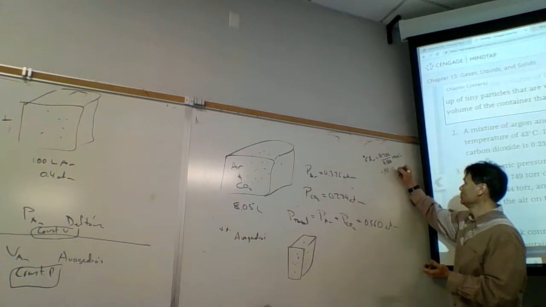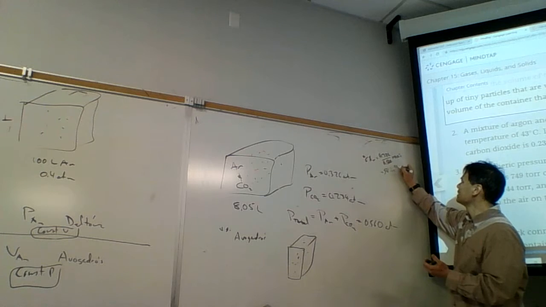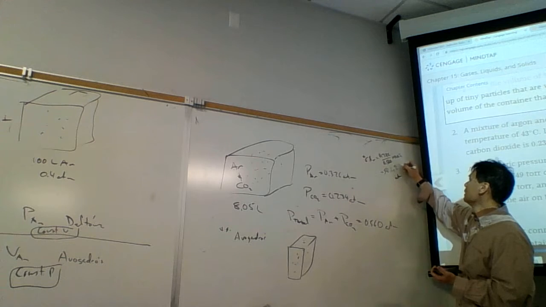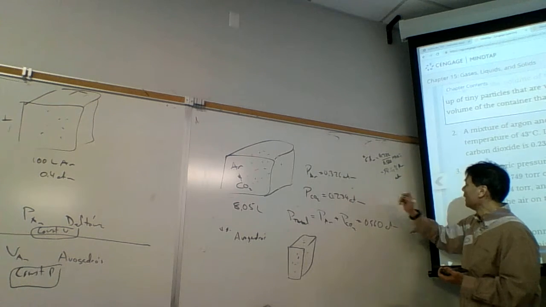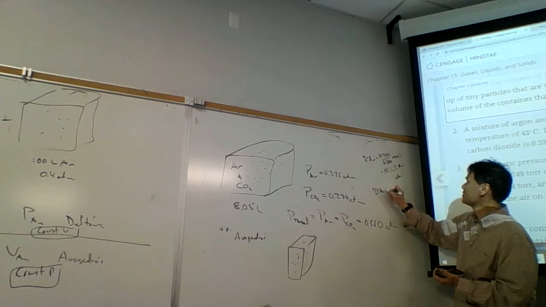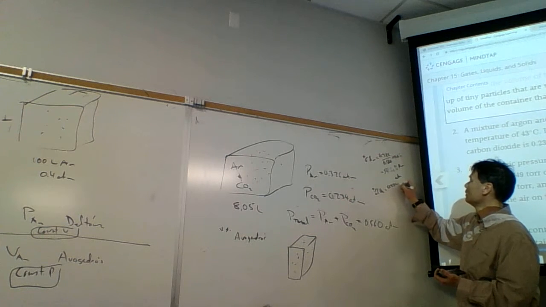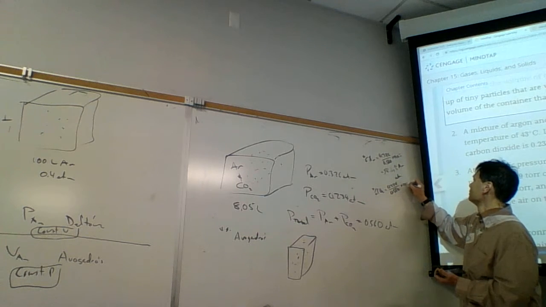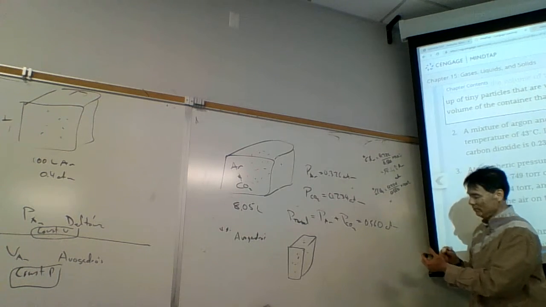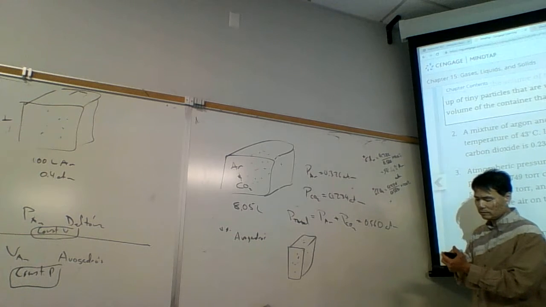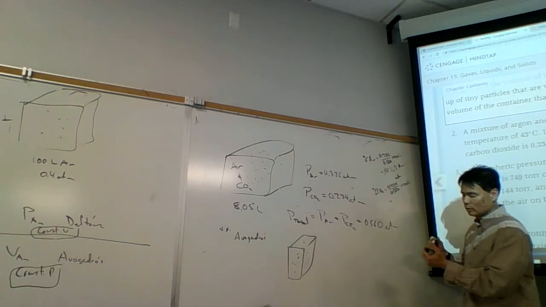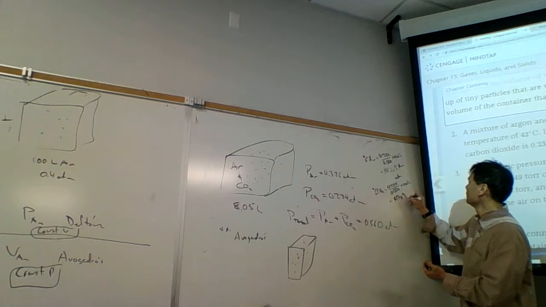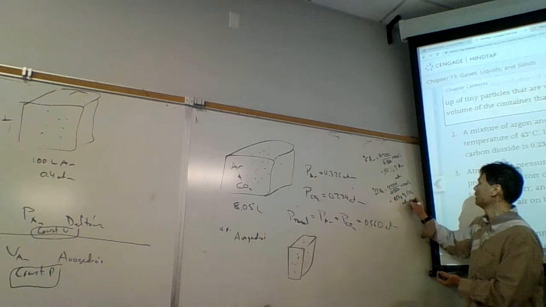So 58.21% of the pressure of the atmospheres is argon. And the percent CO2 is going to equal 0.234 out of the total 0.560 times 100%. So this is 0.234 divided by 0.56, 41.78% CO2 by pressure.